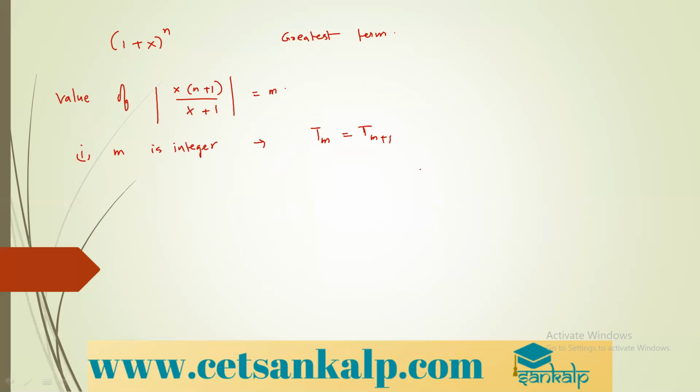The mth term and the (m plus 1)th term will both be the same if m is an integer. Suppose you get m point something, some decimal number. So you will take m as the integral part, whereas here you will have the decimal part.